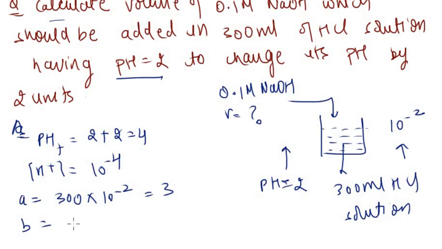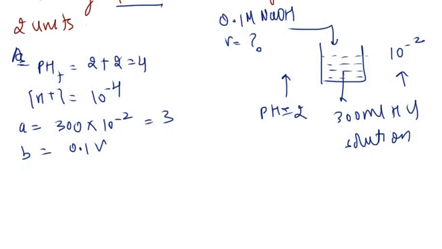And B, let's say its volume is V, so B is 0.1 V. So the concentration of that H plus is 10 raised to power negative 4. That is A, which is 3, minus B, 0.1 V, over 300 ml plus V volume that has been added.